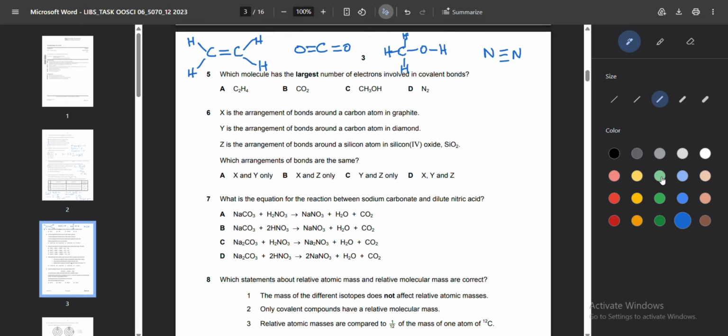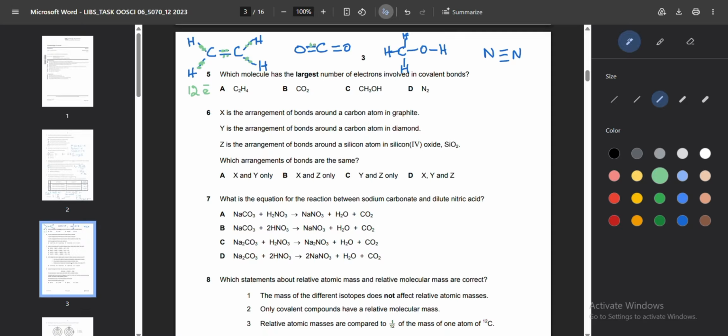Now let's check the electrons. Each covalent bond represents 2 electrons. So there are how many electrons? 1, 2, 3, 4, 5, 6, 7, 8, 9, 10, 11 and 12. So there are 12 electrons in ethene.